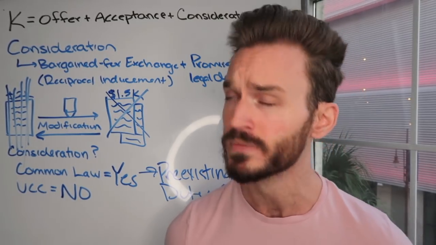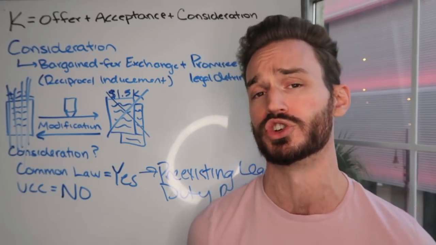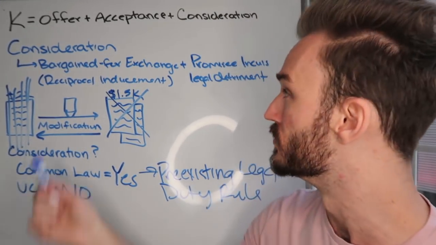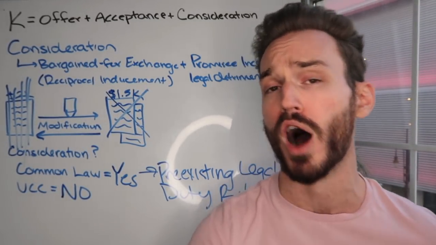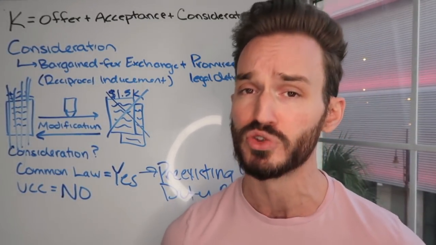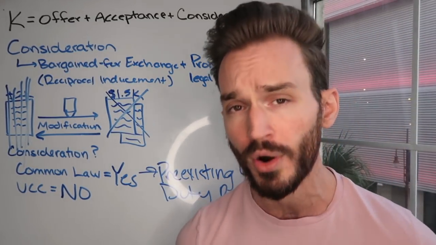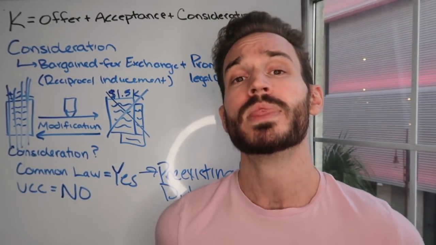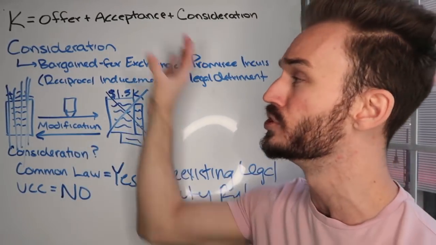Okay guys, that's how you analyze a contract modification with the pre-existing legal duty rule on a contract's essay. And at that point, we've discussed almost everything that could come up, all the major issues at least in a contract formation fact pattern. We've discussed how an offer is formed, how it's accepted, and we know once you have offer and acceptance, that's mutual assent between the parties. Once we have mutual assent between the parties, if we can show that that assent is supported by consideration, then we have a traditional enforceable contract, which brings up the issue from today.